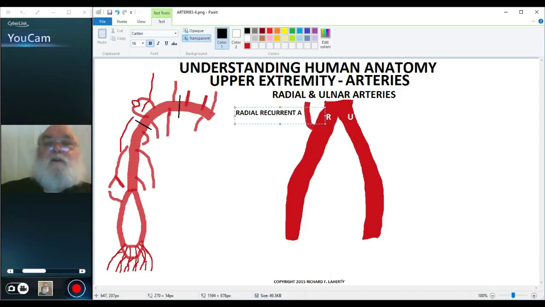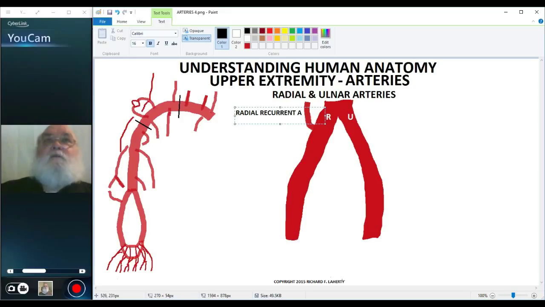The radial recurrent branches off the radial artery and turns superiorly and runs superiorly. The radial recurrent artery. And it will be an artery that, among other things, will help supply the superficial extensors that originate from the lateral epicondyle.